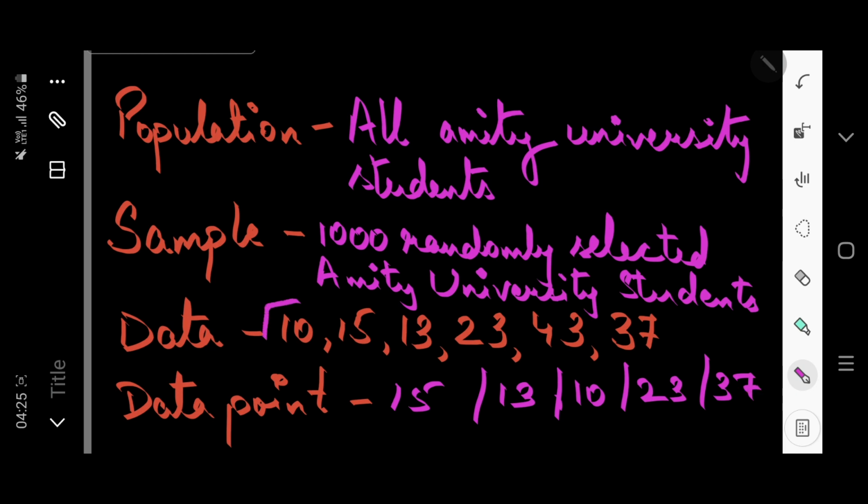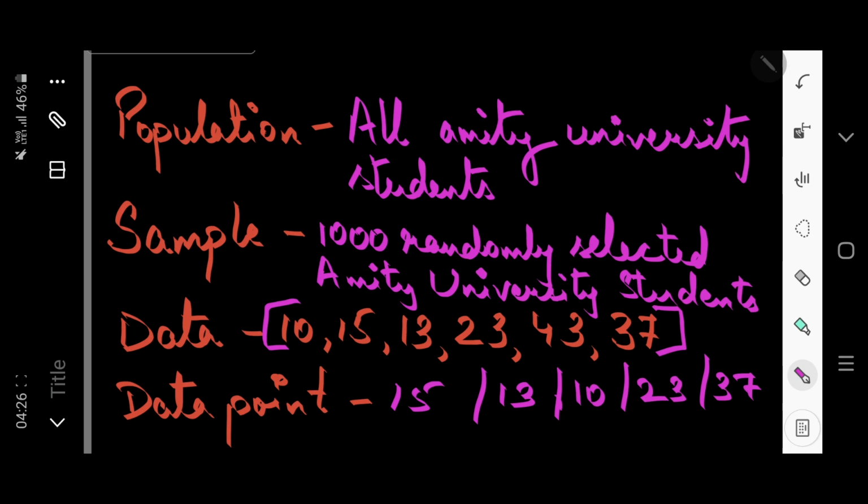As we have this data set, each data like 10, 15, 13, 23, 43, 37, all are data points. So with this example, we know about the population, the sample, data and data point.